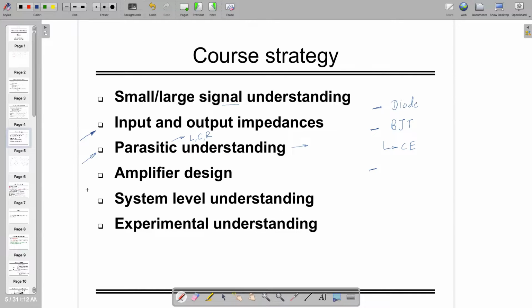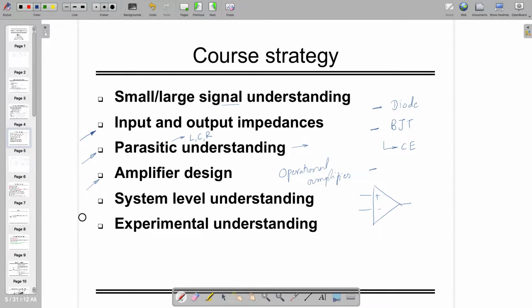And then using this, we are going to design the amplifier. So whatever is inside the operational amplifier, we are going to study that. Inside the operational amplifier, not the triangle. For this triangle, it is expected you know how it works. So we are going inside this triangle.